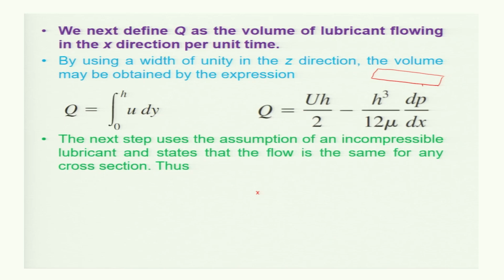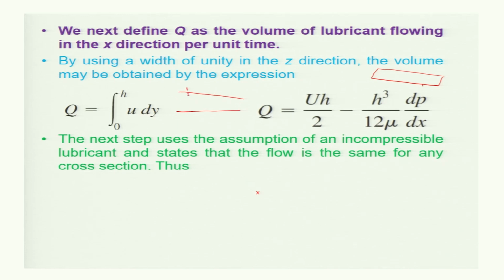The next step uses the assumption of an incompressible lubricant and states that the flow is the same for any cross section. That means you have this inclined plane, and as there will not be accumulation of fluid, whatever fluid is coming in, the same will go out.